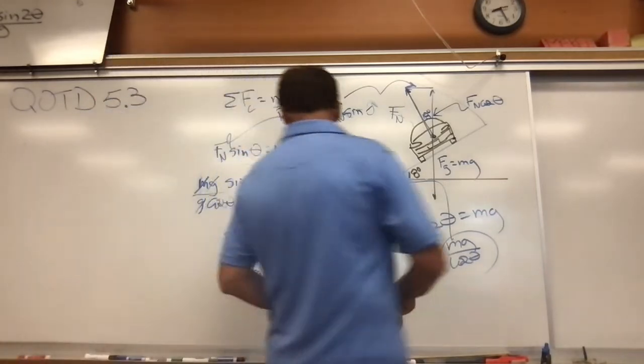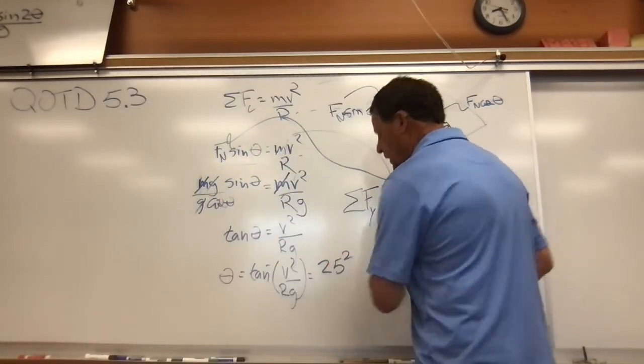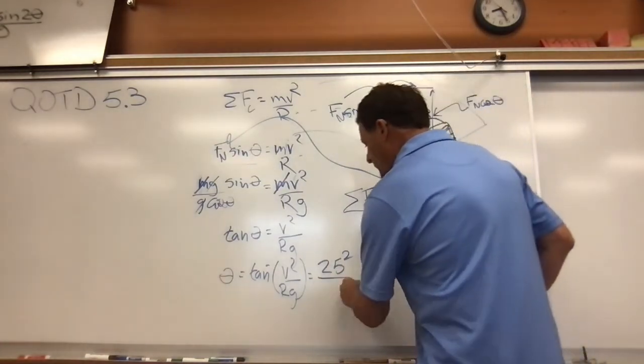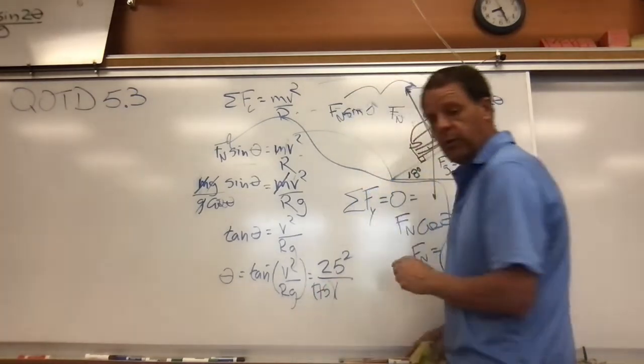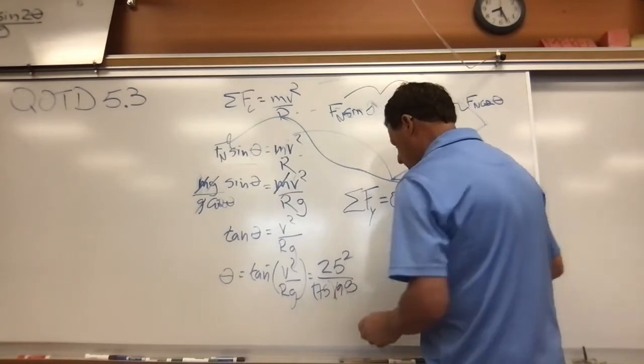So now we know that we are looking for the angle when it's going 25 meters per second. We know that the radius is 75, and we know that the gravity is 9.8.